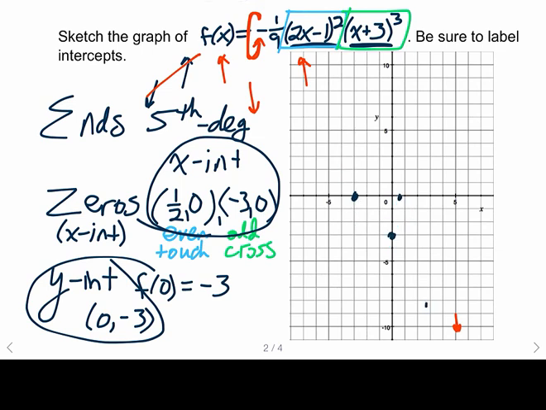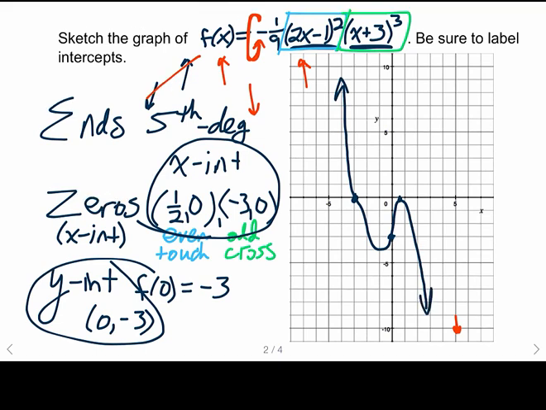So from down in the fourth quadrant, bounce off the x-axis at x equals 1/2, cross the y-axis at y equals -3, and then I'm going to give a little wiggle right here where it crosses (-3, 0) because of that multiplicity 3. I'm going to label -3, 1/2, and -3 on the x and y axes respectively.